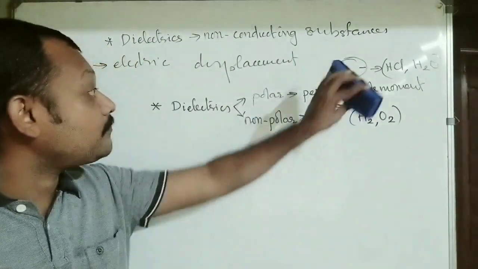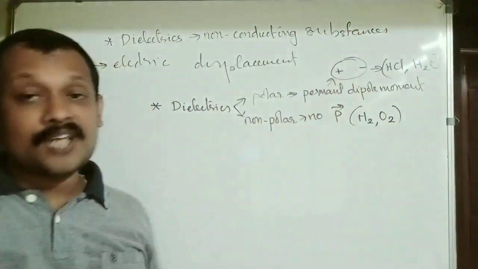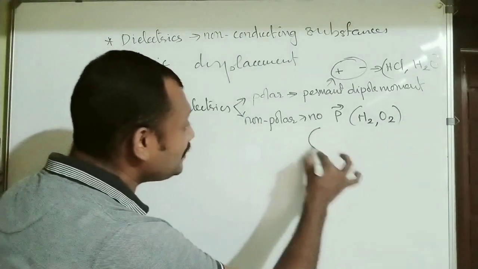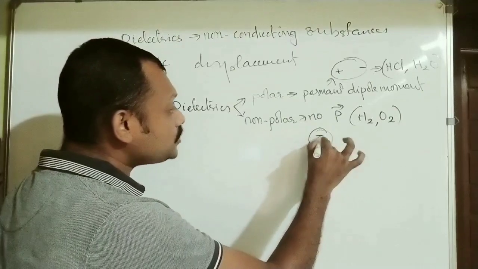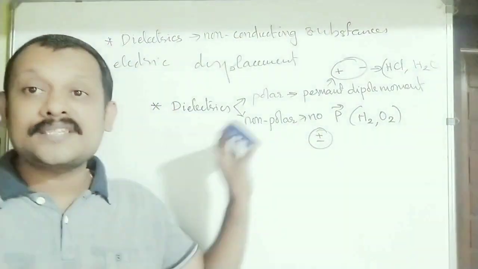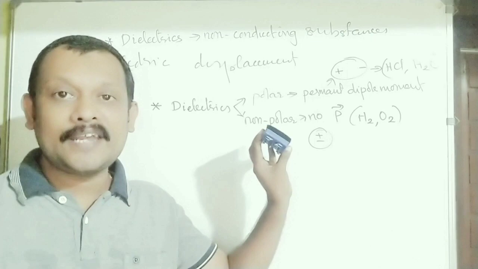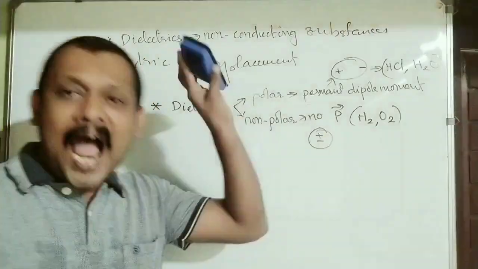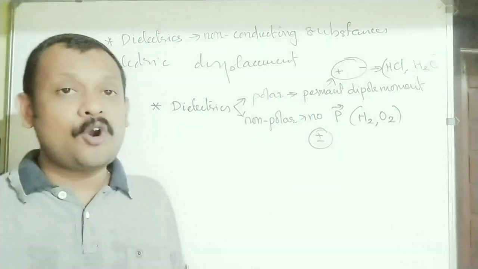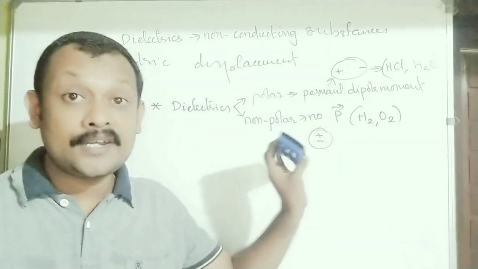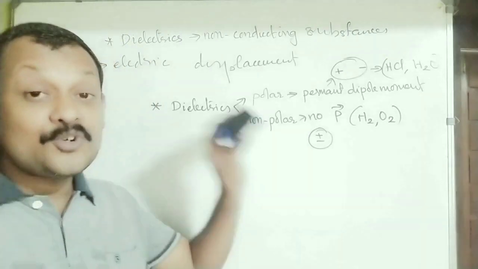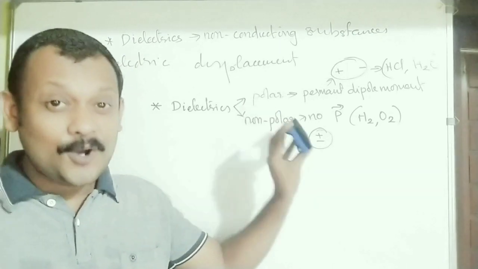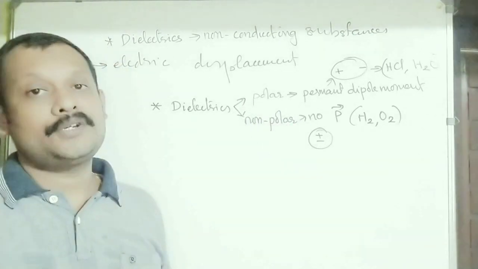You can easily say in case of polar, the centers of the positive and negative charges are separated by a small distance. When it comes to non-polar, tell me, what is that going to be? The centers of the positive and negative charges must be coinciding, and therefore the molecules of a non-polar dielectric have no permanent dipole moment.